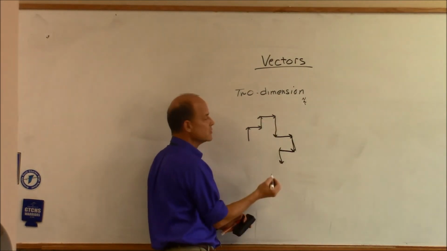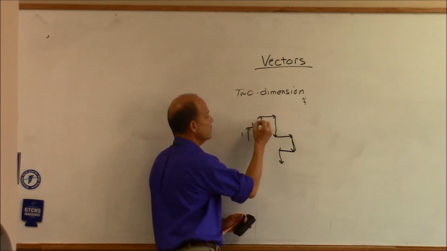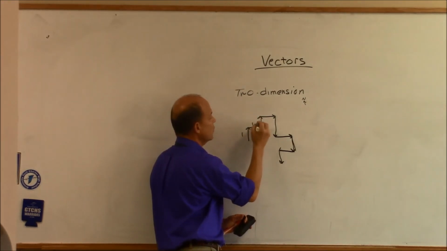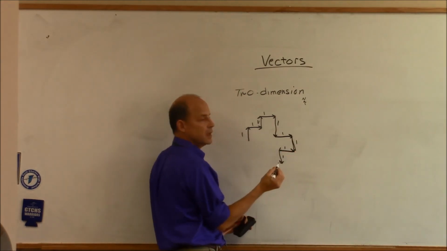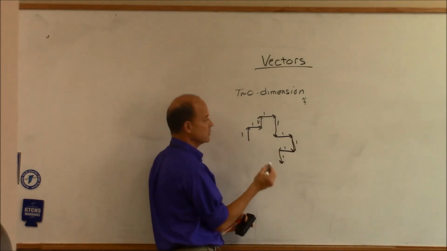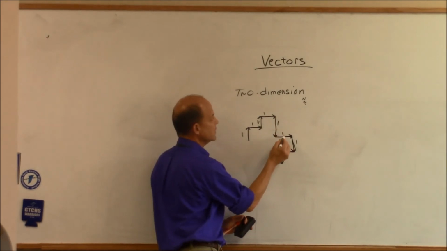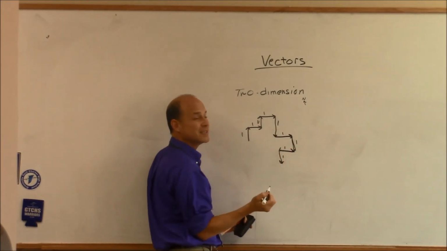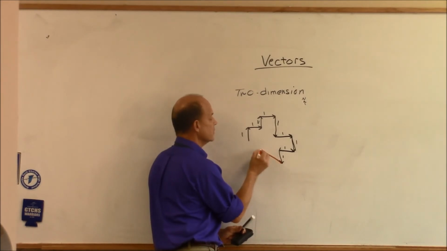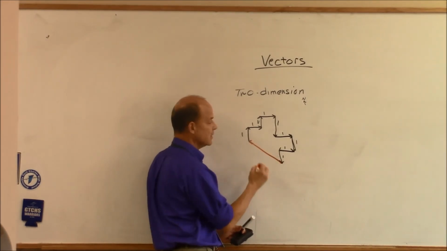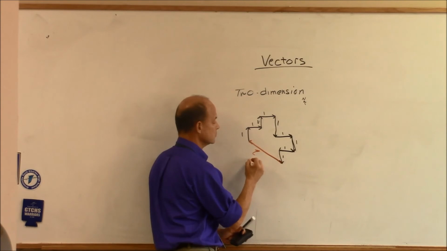Maybe this circuitous route. Maybe each leg is 1. What distance has he traveled? 1, 2, 3, 4, 5, 6, 7, 8, 9. What's his displacement? The magnitude of the resultant vector. That is the displacement.